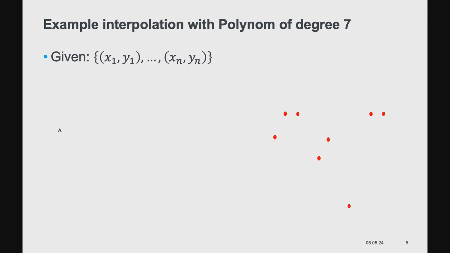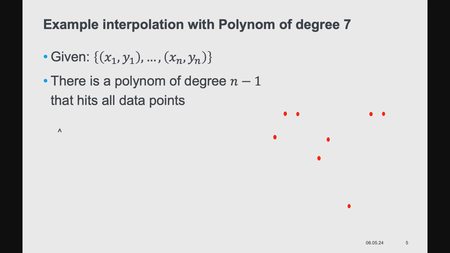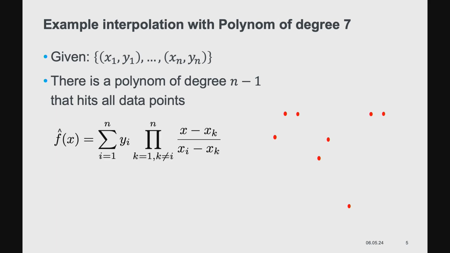Now what do you do if you are given not 2 points but n points? Then interpolation says you can always, for n given points, fit a polynomial of degree n minus 1. And this polynomial will hit all the data points.